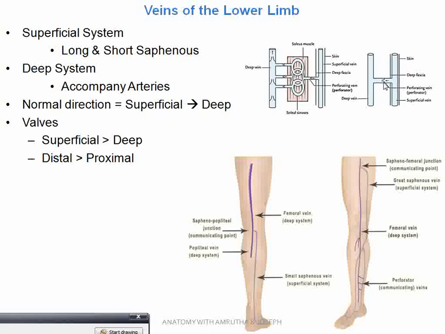But if there is an incompetency of the valve here, any issue with the valve, there are chances that blood from the deep vein can pass into the superficial vein, because deep veins are usually placed within the muscles. When the muscles contract, pressure is applied to the veins.